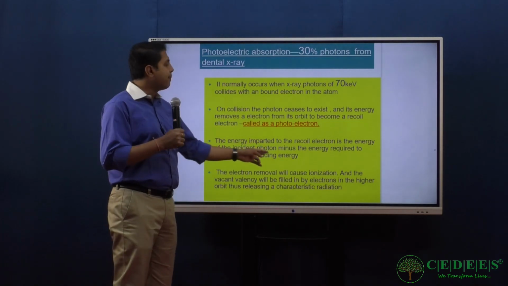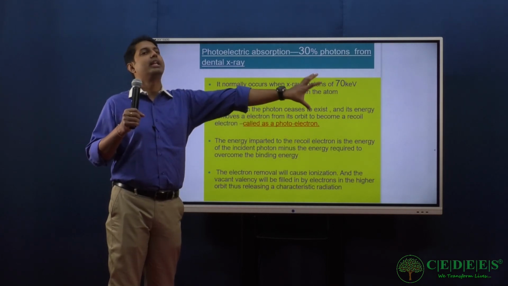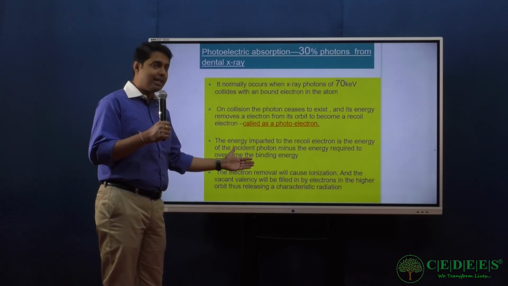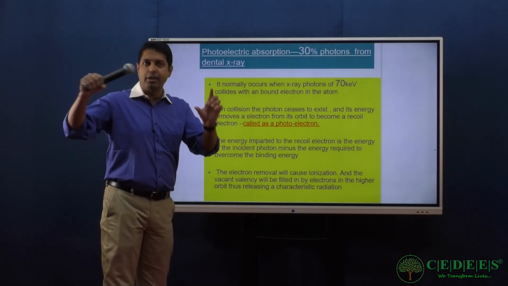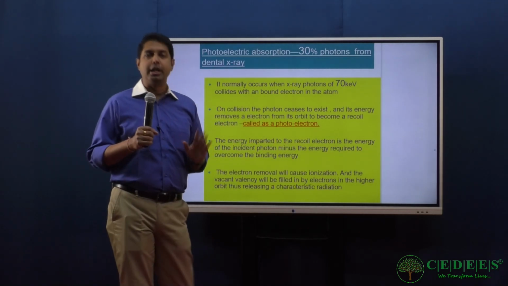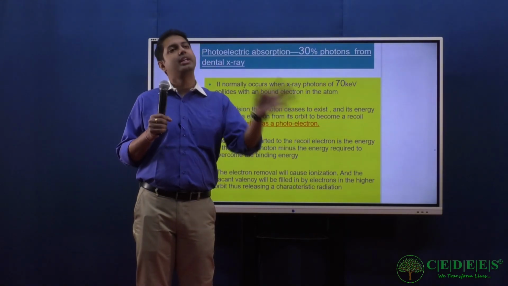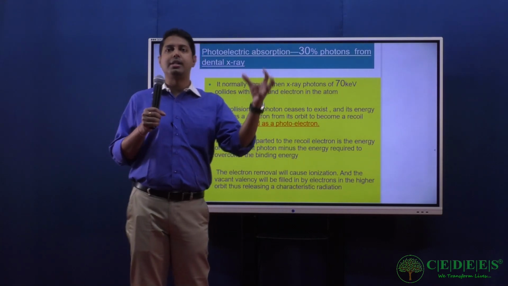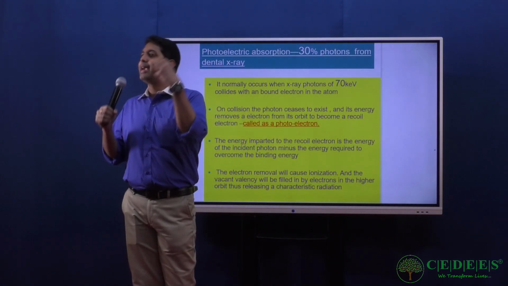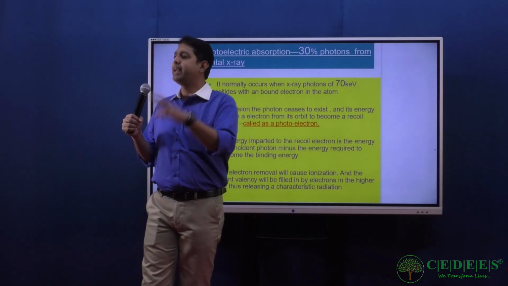The energy which is imparted to the recoil electron, that means when it is knocked out, it carries some amount of energy with it. What is that energy? It is the energy of the incident photon which was coming minus the energy required to overcome the binding energy. Obviously when you are knocking out an electron, you will have to give more energy than what it already has, because it is closely attached to the nucleus. When any electron is attached to the nucleus, it is held to that particular shell or subshell with a certain amount of binding energy.